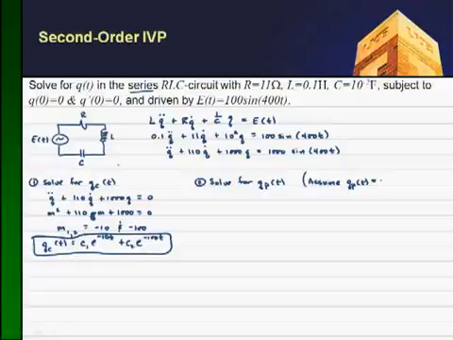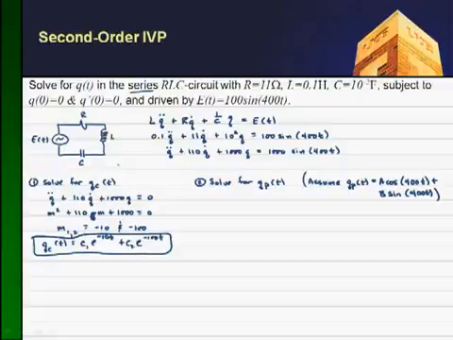So that's equal to A cosine of 400t, so the frequency must remain the same, plus B sine of 400t. So close off the big parentheses.